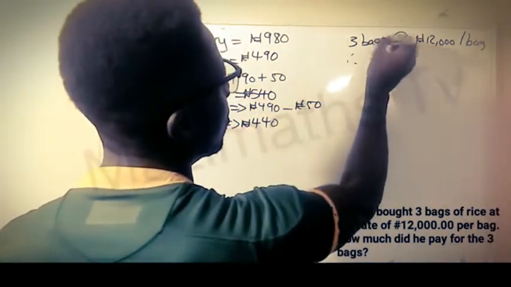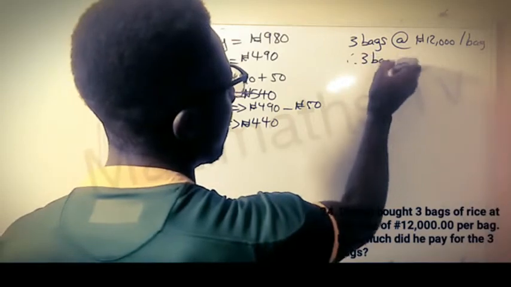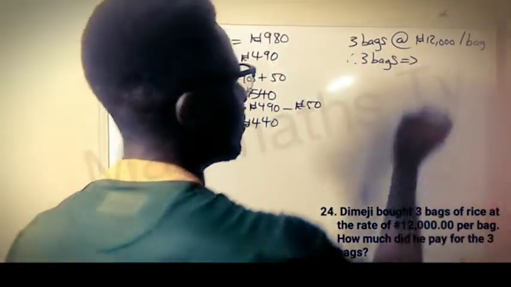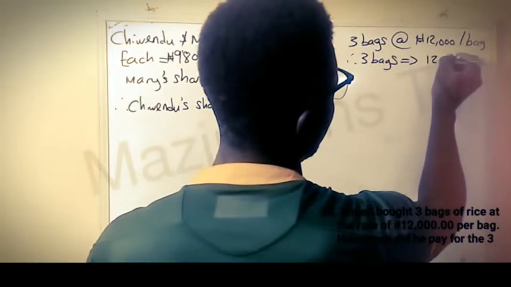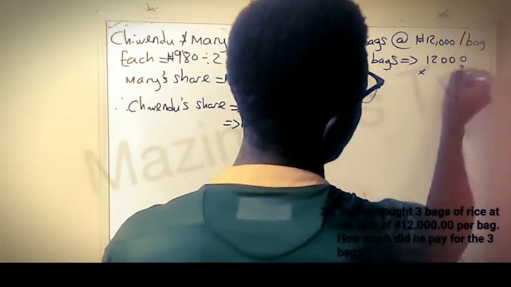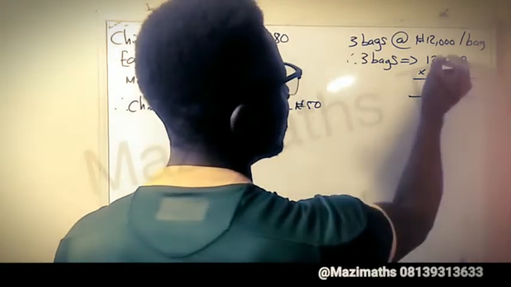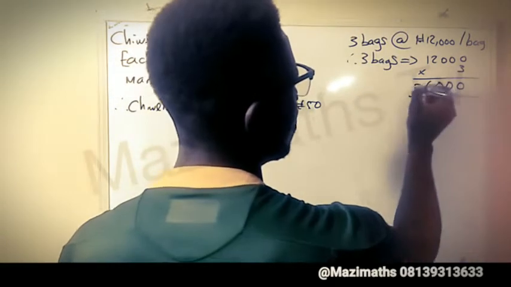So for the 3 bags, he paid 12,000 naira in 3 places. So that would be 12,000 times 3. 3 times 0, 0, 3 times 0, 0, 3 times 0, 0, 3 times 2, 6, and 3 times 1, 3.